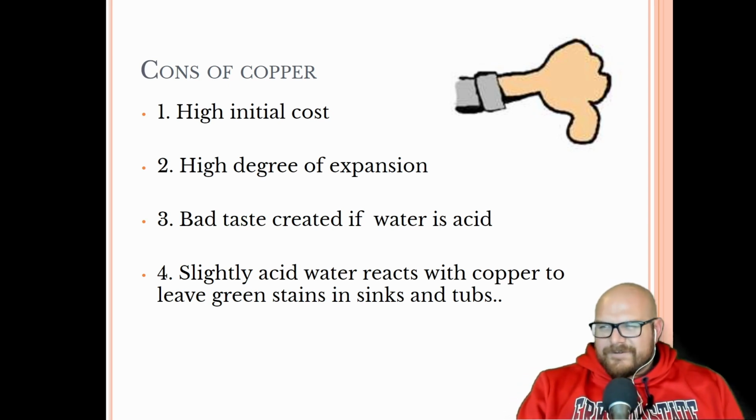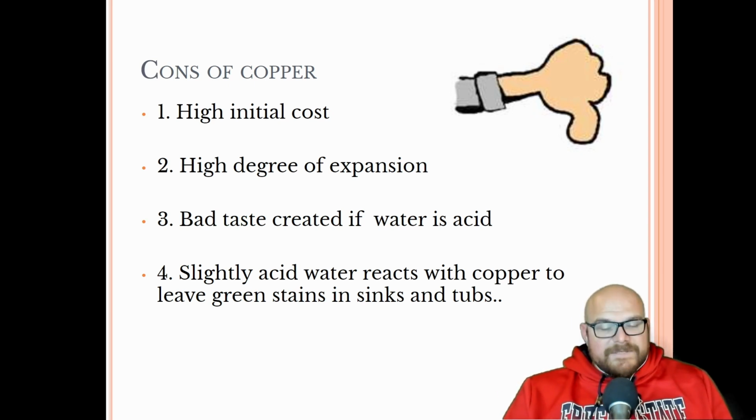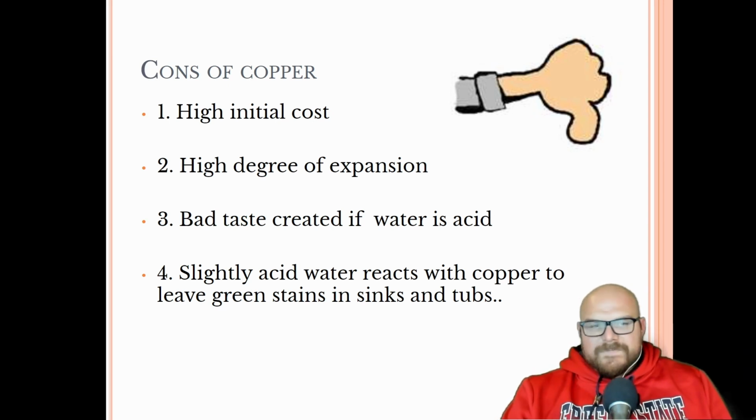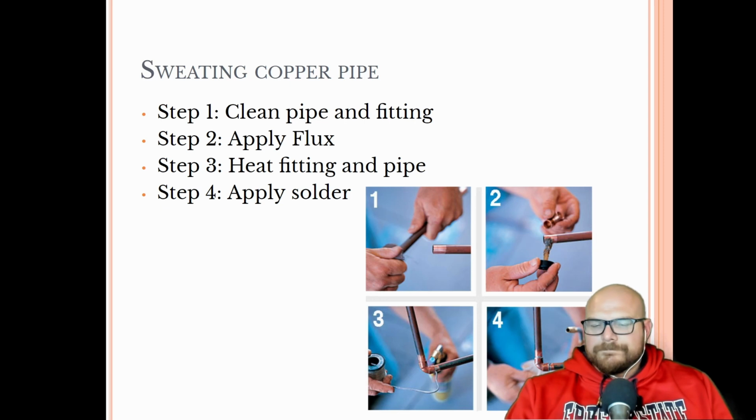That's an indication that there's a little acidic water and copper mixing together, creating that patina. It's that green stuff, that patina that comes up. That'll also stain tubs and sinks. In newer homes, newer constructions, there's other things that they typically tend to use more than this, so you don't really see those. That's typically an older home that did use copper within their system.